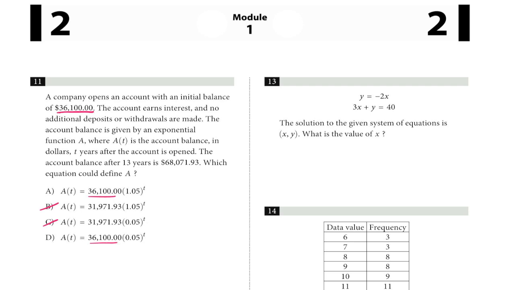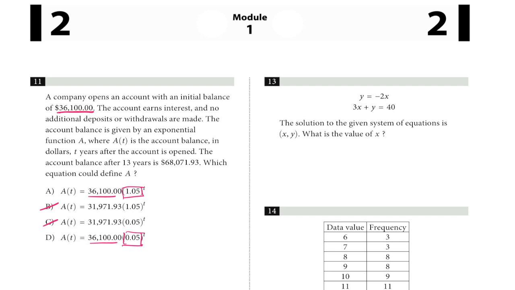And then we can see that after time goes on, our number gets bigger because they said after 13 years, we should get $68,071.93. So if we have an exponentially increasing function, the number inside our parentheses, so here it's either the 1.5 or the 0.5, has to be greater than 1.